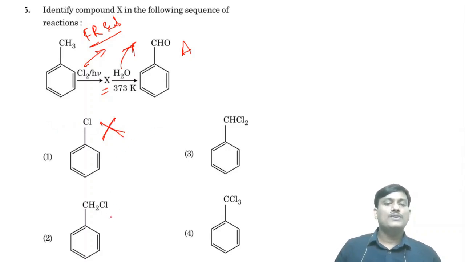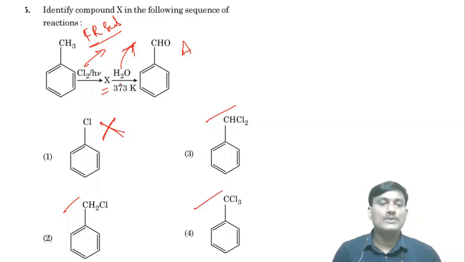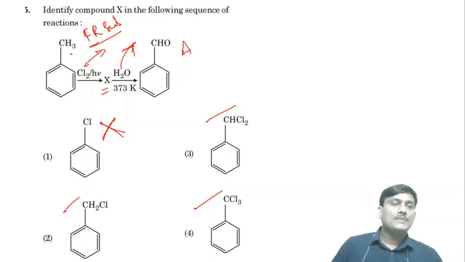Suppose if you take this one, after monochlorination there is a possibility of formation of benzyl chloride, CH2Cl, and there is dichlorination, CHCl2, and trichlorination. Means you can substitute chlorine in place of hydrogen. You can replace one hydrogen, two hydrogens, and three hydrogens.